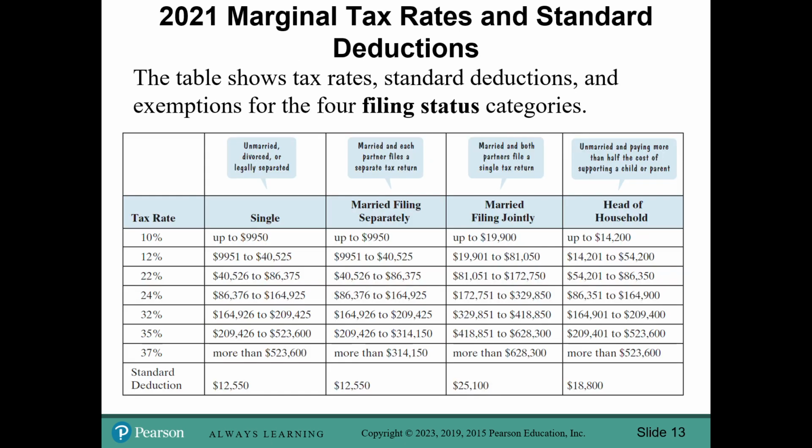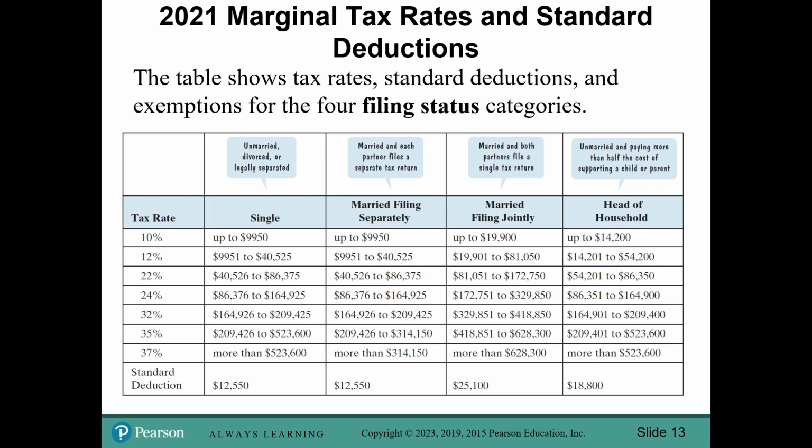All right. The table shows tax rates, standard deductions, and exemptions for the four filing status categories. Okay, so on the left you have your tax rate, 10%, 12%, on up to 37%. You have on the next columns single, then married filing separately, married filing jointly, and head of household.